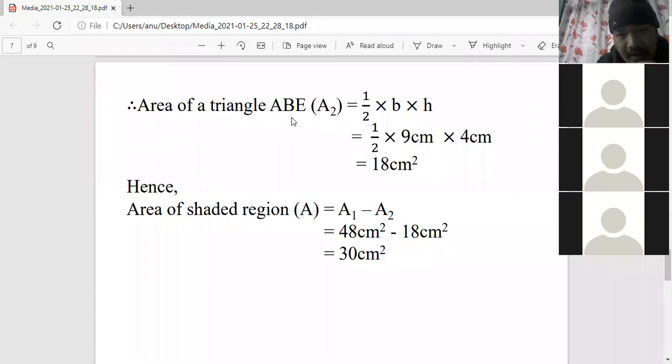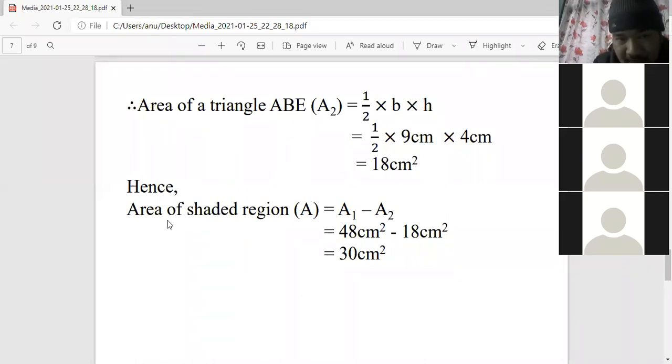Area of triangle is 1 by 2 base into height. Base is taken 9, height is taken 4. 1 by 2 into 4 is 2, 2 nines are 18. It is 18 centimeter square, the area of triangle.